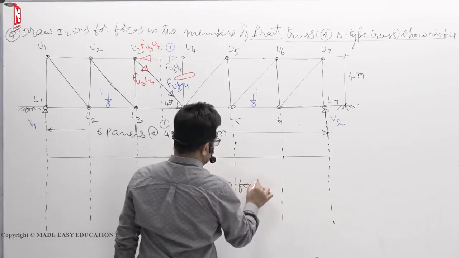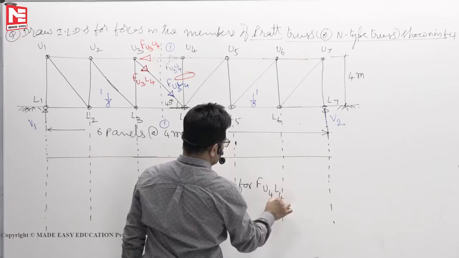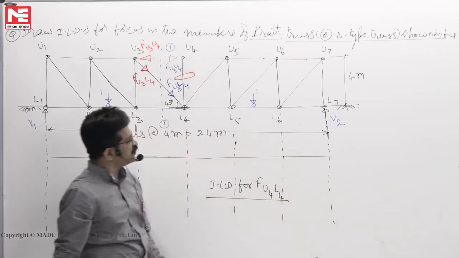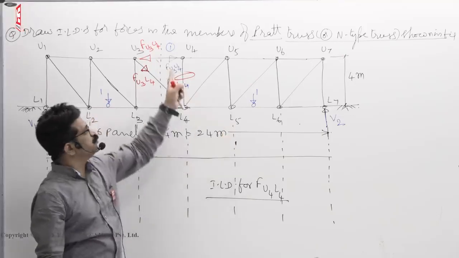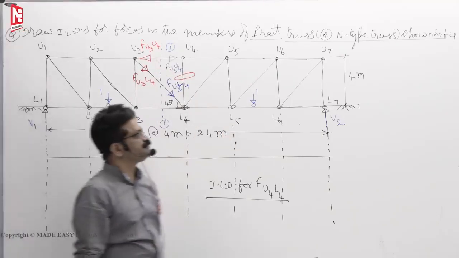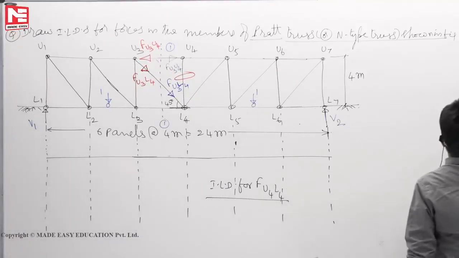This is the ILD for F U4L4. That's all. Simply a straight line you will get. Means wherever the unit load is, U4L4 is 0.